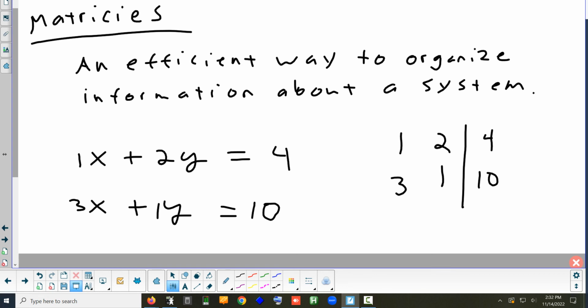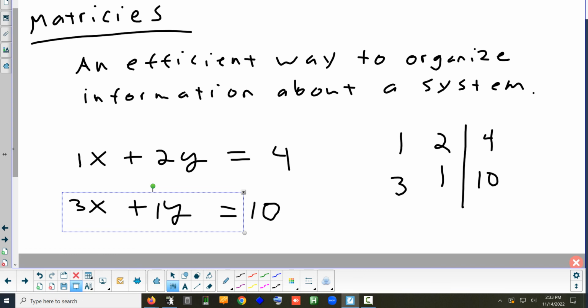So if you look at how many things I had to write here, 1, 2, 3, 4, 5, 6, and if you count the vertical line, that was 7. And then if you look at everything individually here, 1, 2, 3, 4, 5, 6, 7, 8, 9, 10, 11, 12, 13, 14. So it was basically, if you count each individual number and letter, half the amount of writing that I just did.